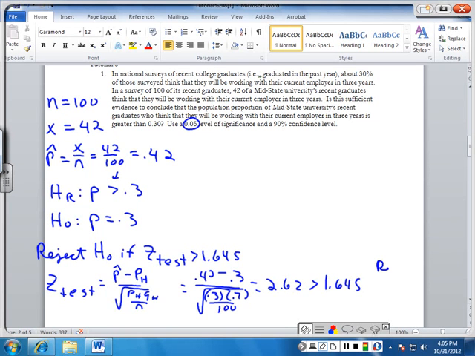Therefore, we reject H0 and conclude that p is greater than 0.3. Well, that's it for the critical value approach.